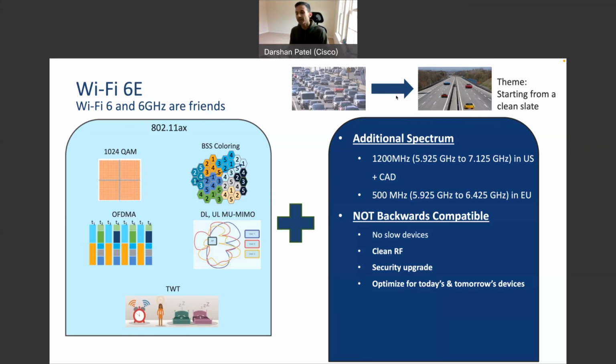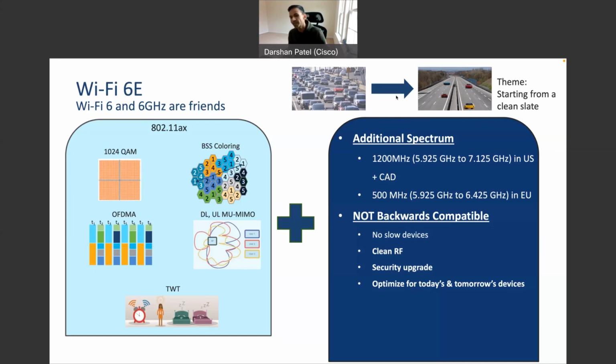And it helps with the next thing, downlink and uplink multi-user MIMO, moving from single user MIMO. And most important, for IoT devices, mobile devices, and tablets, battery is the most important thing, and target wake time helps us to preserve it.